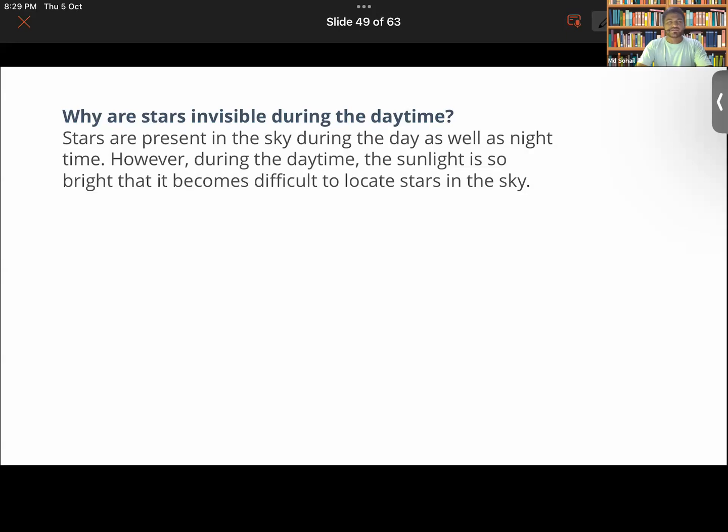Also do study about the planets and what are the types of planets, like the terrestrial planets and the Jovian planets. Earth is a planet. Study about them and we will meet in the next class then.